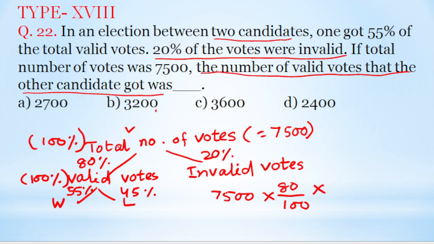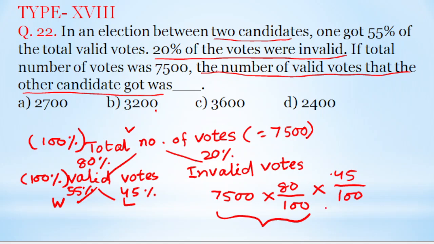This is the total number of valid votes, and out of these, 45% was got by the loser. So 45% means 45 by 100.